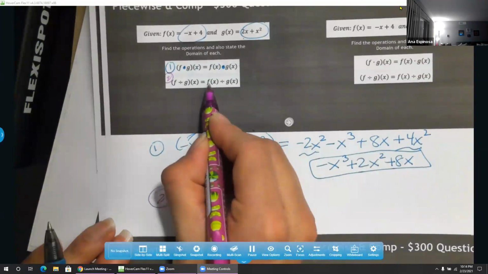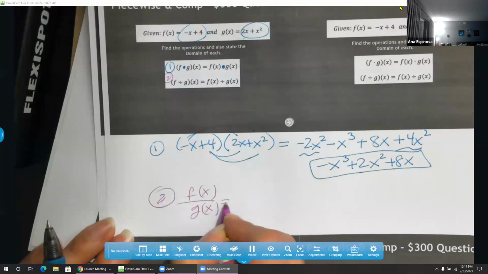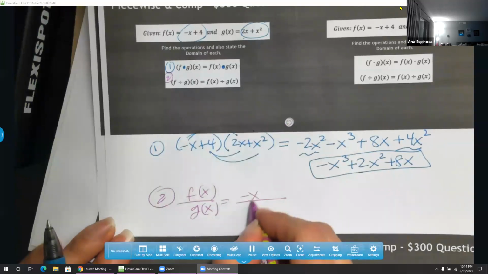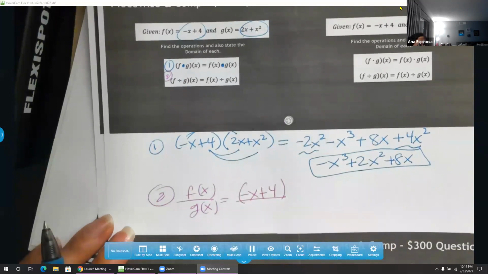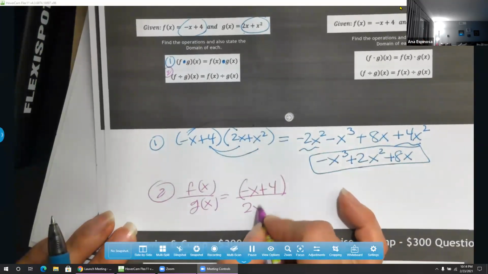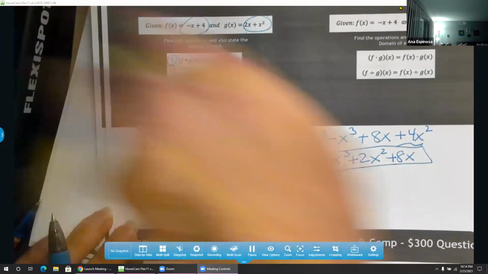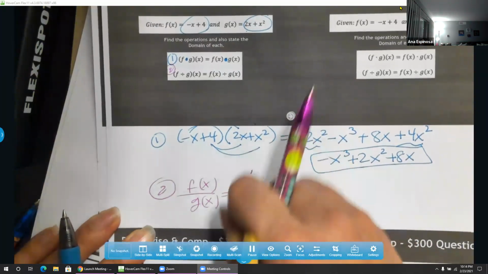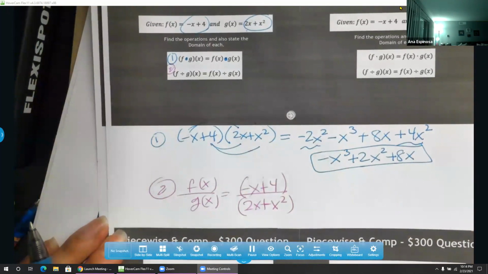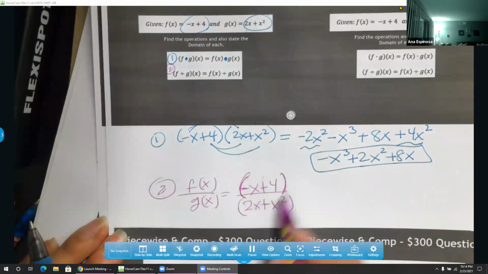Done. F divided by g, so you're going to do f of x divided by g of x. F of x is negative x plus 4. That's one function divided by 2x plus x squared. That's the other one. Do not, please do not cancel things like that. That's very illegal. Okay. You will learn later on, you should have learned this already, but anyway, this is a complete function. If this entire function is not exactly the same as the bottom, you do not cancel.